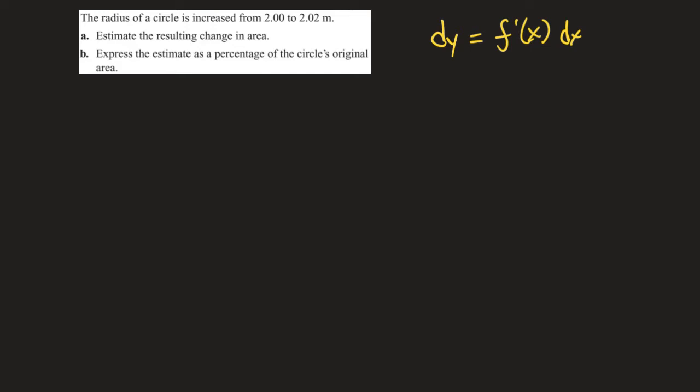In this case, when we talk about the area of a circle, we're talking about pi r squared. Notice that r plays the role of x and A plays the role of y in this equation.